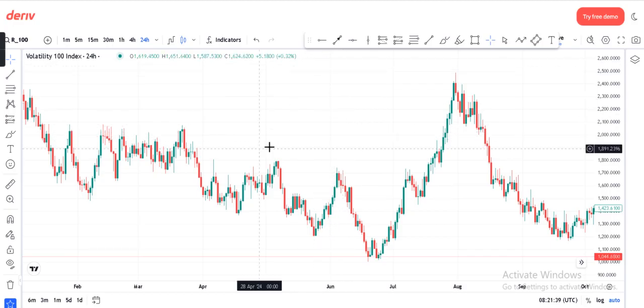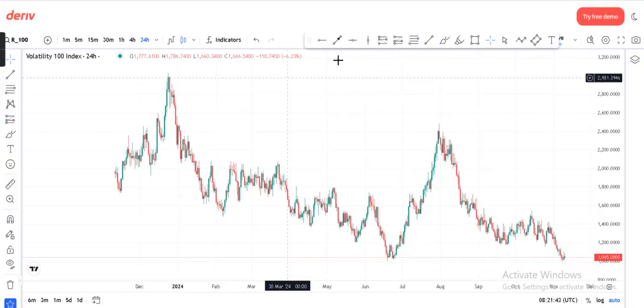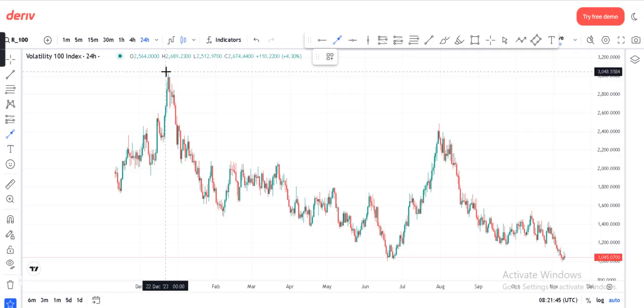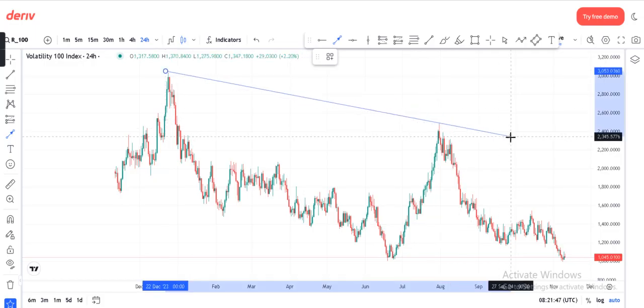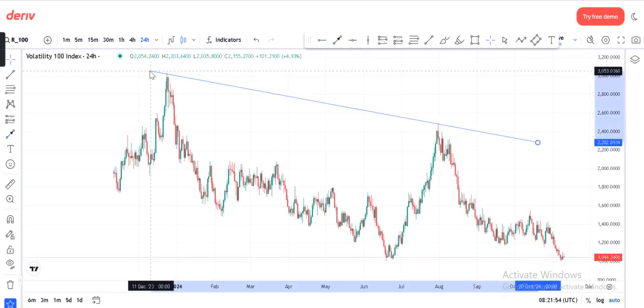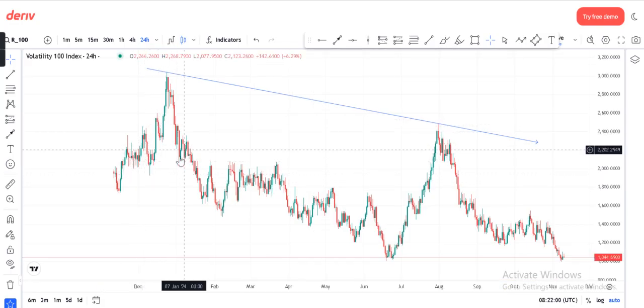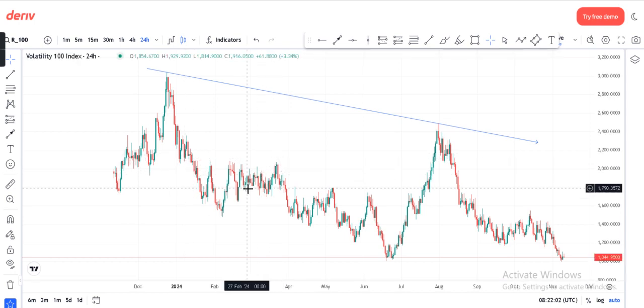If you look at this particular chart, it has created this high and also this high, giving us two levels of highs that the market has created in 2024, this particular year.